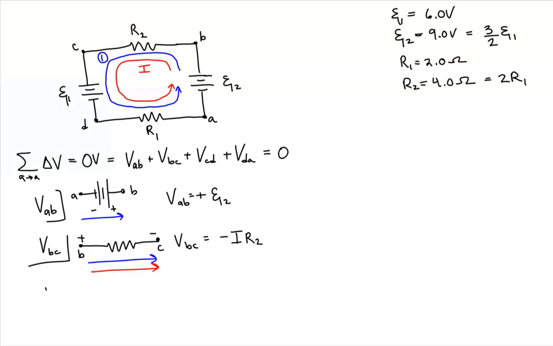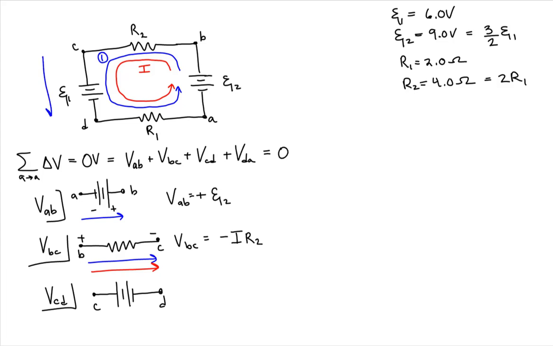Now let's look at the potential from C to D. This is across battery 1. In going from C to D, notice we are going from the positive terminal of battery 1 to the negative terminal of battery 1 as we go in our circuit.